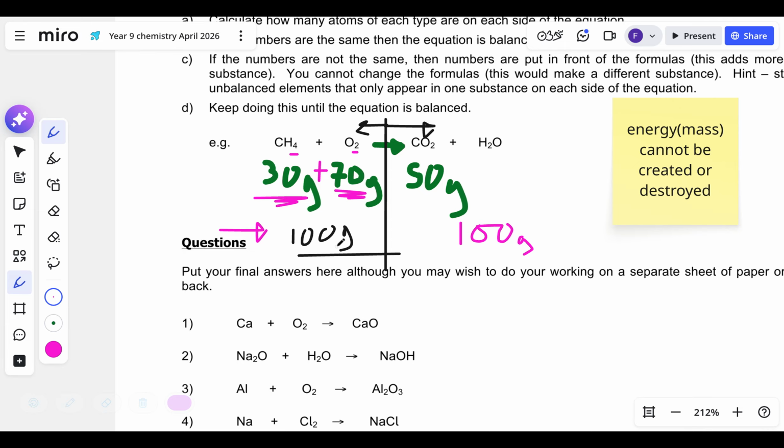This is a really cool idea. So whatever I've got on this side, if I've got 100 grams total on this side, I must have 100 grams total on this side. If that's the case, and if we've got 50 grams of carbon dioxide, we must have 50 grams of water. This is looking at mass, and we can ask questions like that. So the idea, whatever you got on the left, you must have on the right.